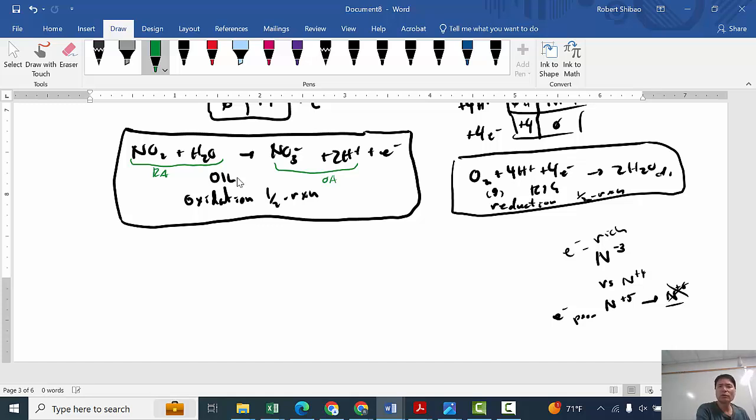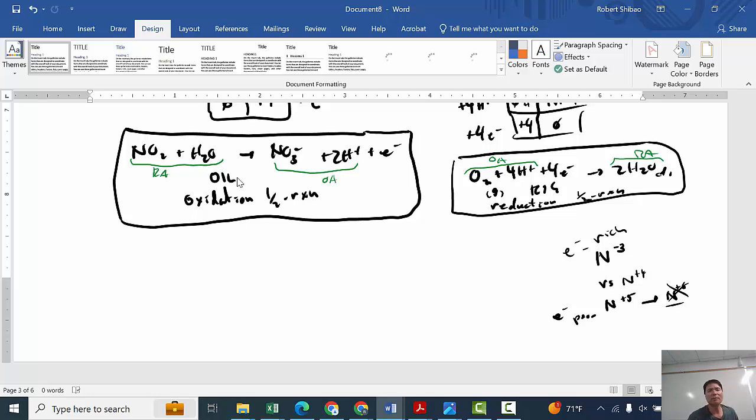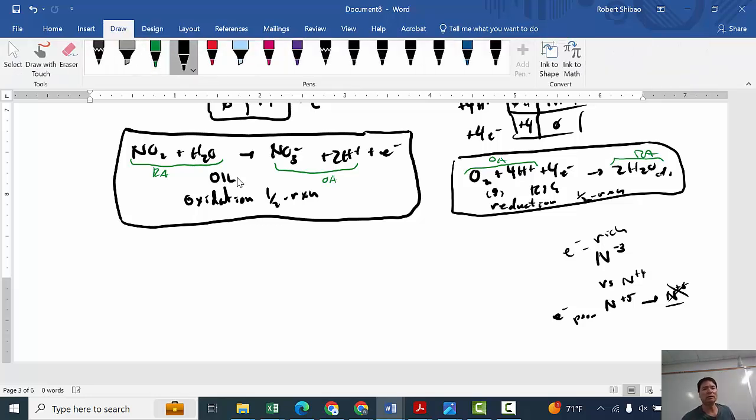And then over here, O2 and H plus, is that going to be my oxidizer or reducer? Oxidizer. Oxidizers take electrons, and H2O liquid will be my reducer. Now I'm going to combine these two equations, but I need to make sure the electrons cancel.